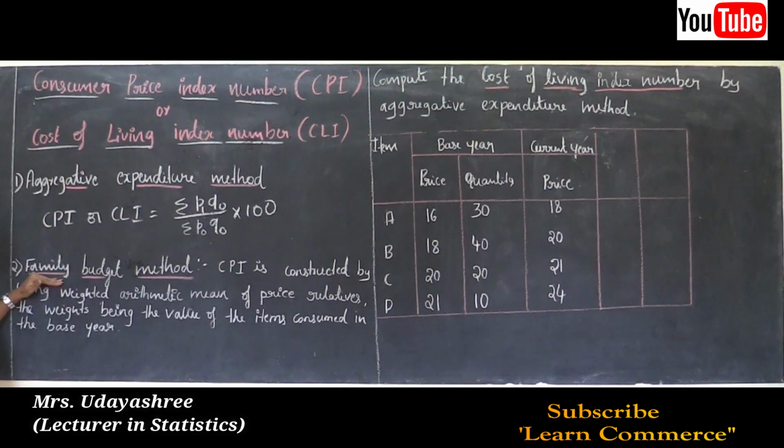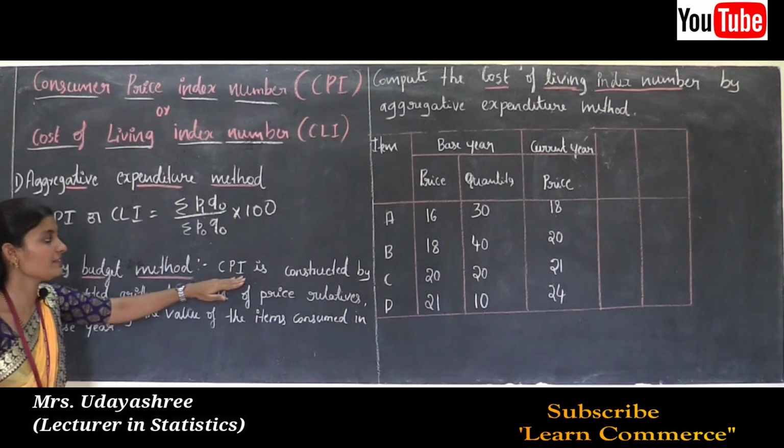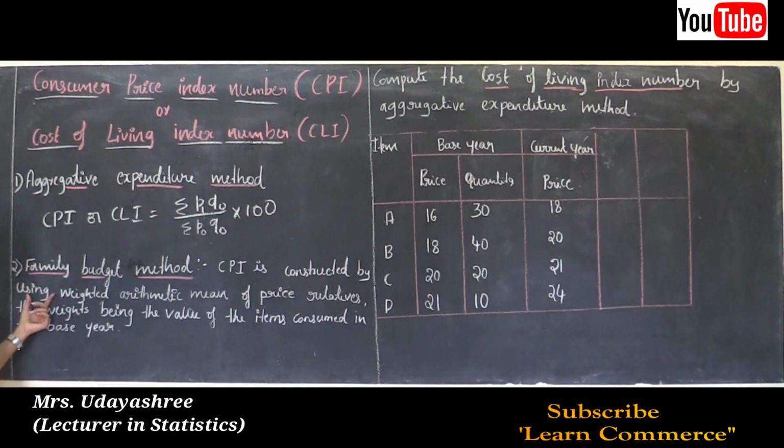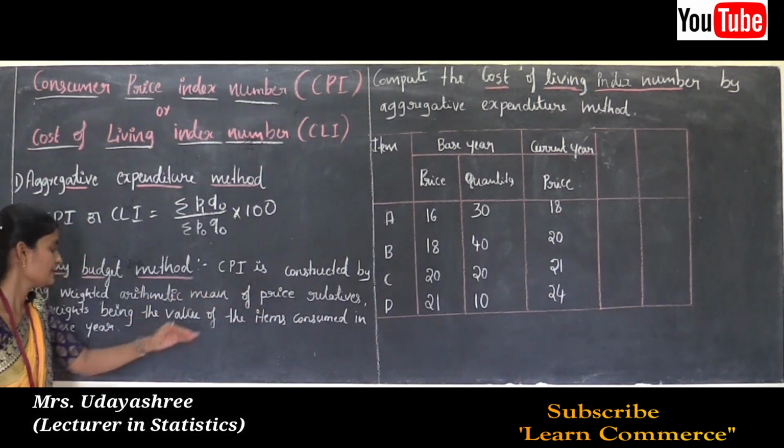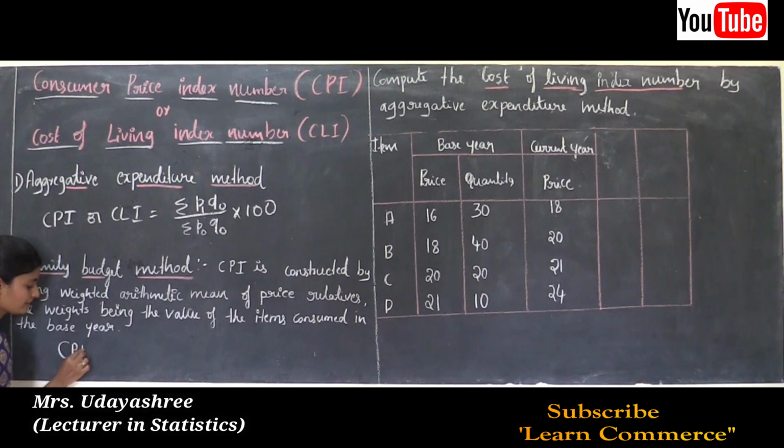And the second method, that is family budget method. Here in this method CPI or CLI is constructed by using weighted arithmetic mean of price relatives.